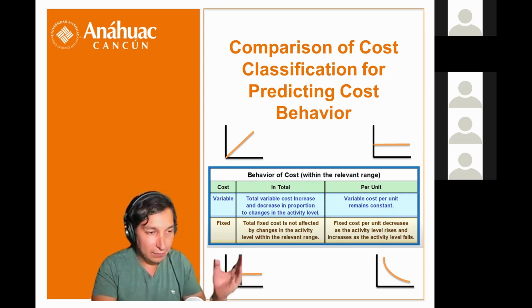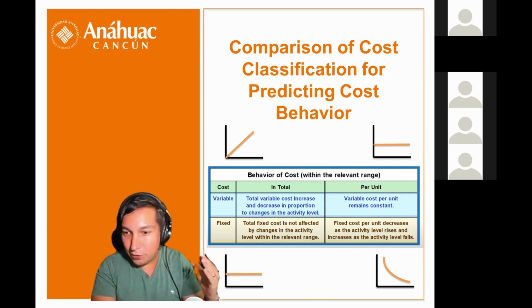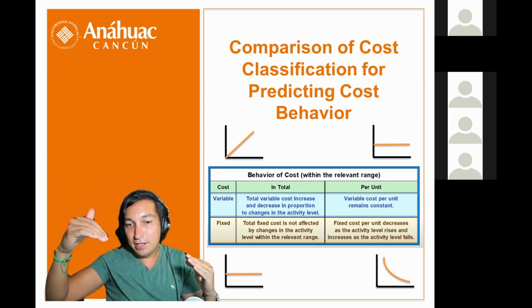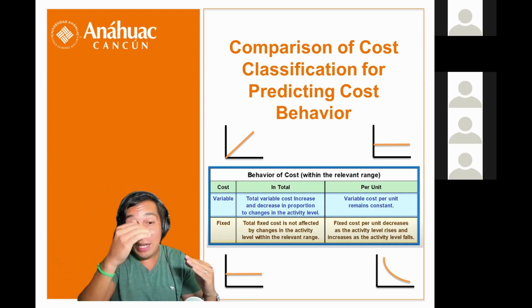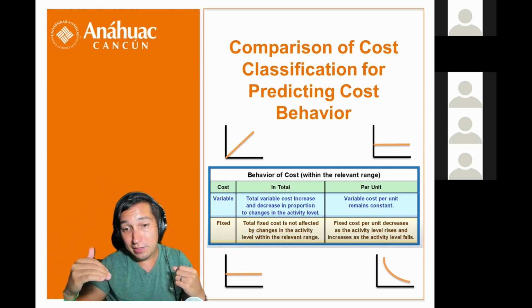If we make 3, we divide it by 3, and if you keep going on, the behavior of the cost per unit will be decreasing in a curve.